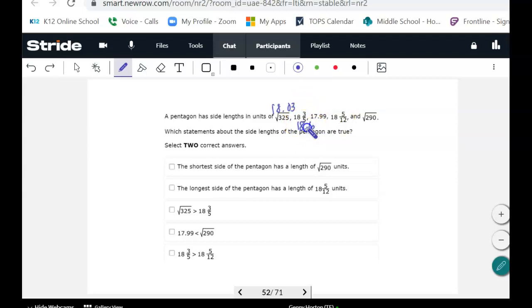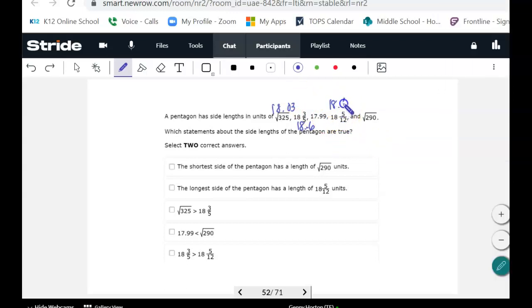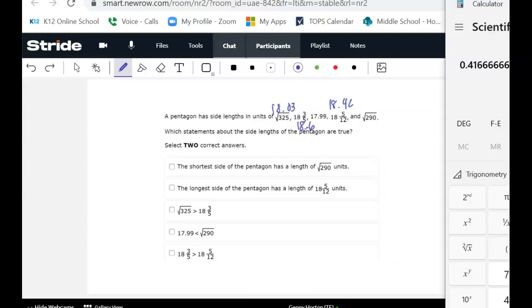Then you have 17.99, which is already in decimal format. 18 and 5/12: you need to do 5 divided by 12 on the calculator, and that comes out to 0.416. We'll round that to 0.42, so it's 18.42. And then the square root of 290, approximately 17.03.